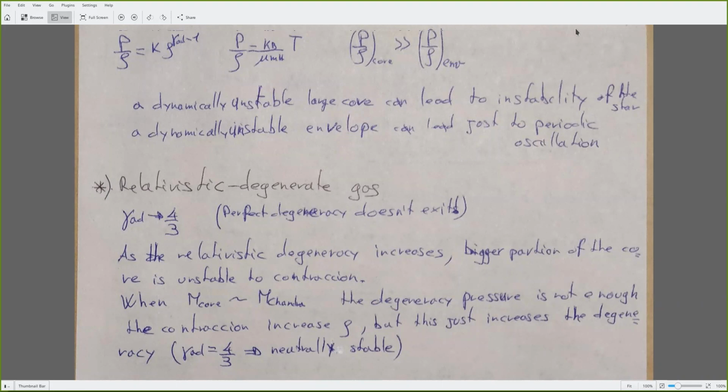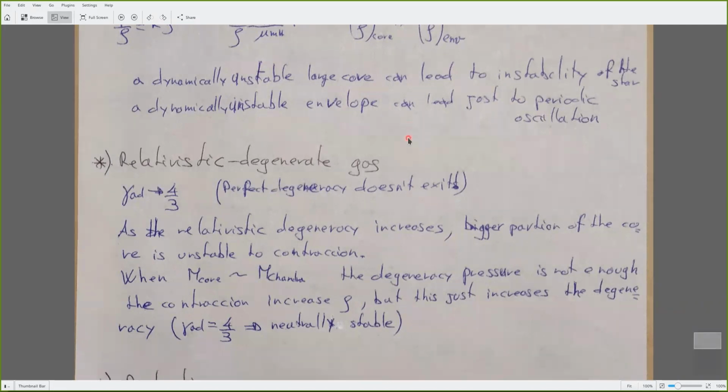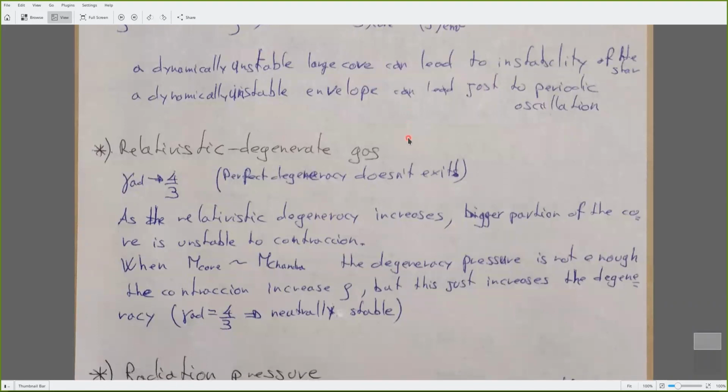Now let's see some physical connection with the situation. Again, relativistic degenerate gas. Here, the adiabatic coefficient tends to 4/3. It tends, but is definitely not easily everywhere 4/3.